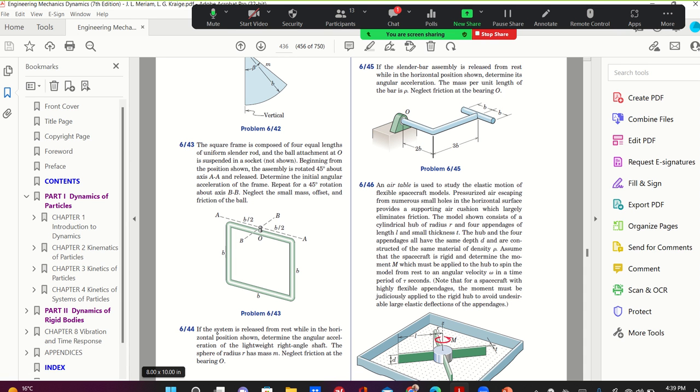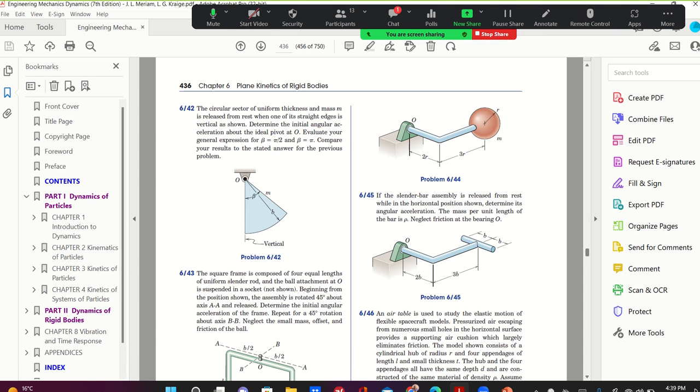The sphere of radius r has mass m, negligible friction at bearing O. So this is the problem statement. We want to calculate the angular acceleration, theta double dot, of this right angle L-shaped bar. At the end, there is a hinged mass m, and this is massless.